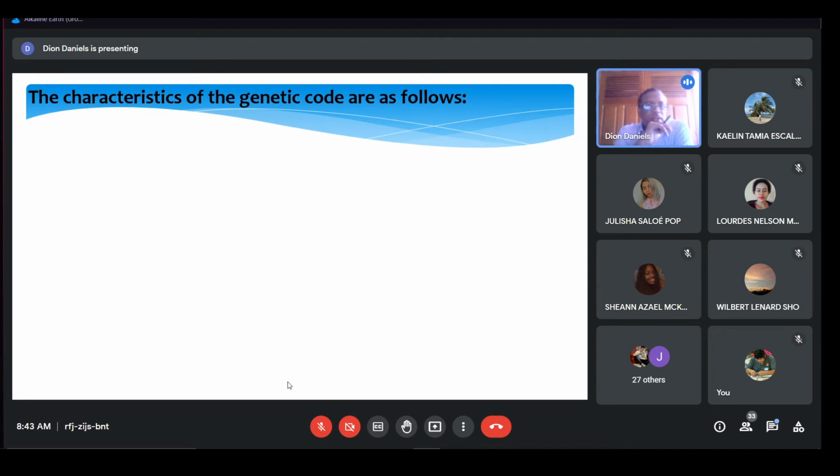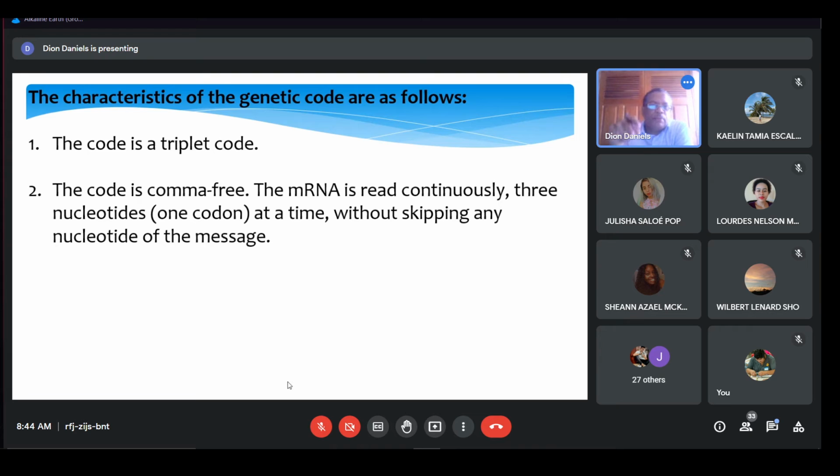The characteristics of the genetic code are as follows. The code is a triplet code, meaning that it comprises 3 bases at a time. So every 3 bases is 1 codon. The code is comma-free.